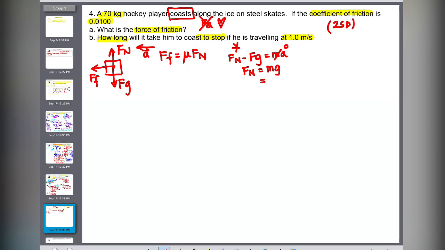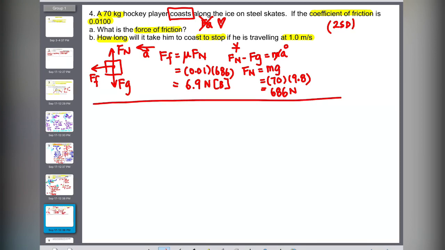That means Fn equals Fg, which is mg, which is 70 times 9.8. So I got 686. That's what Fn is. Now I can put it into the mu equation. Mu is 0.01 times 686, which is 6.86. I told you to assume 2 sig figs, so I have 6.9 newtons backwards.